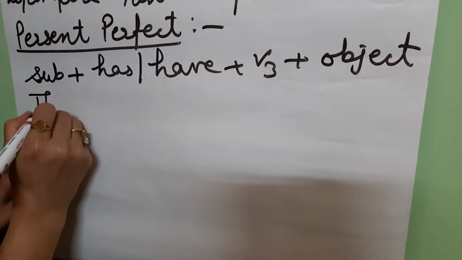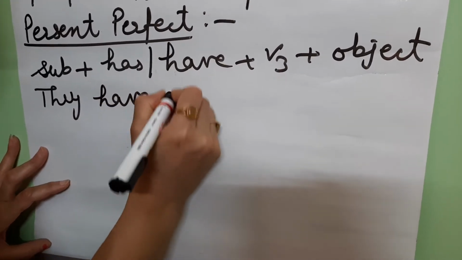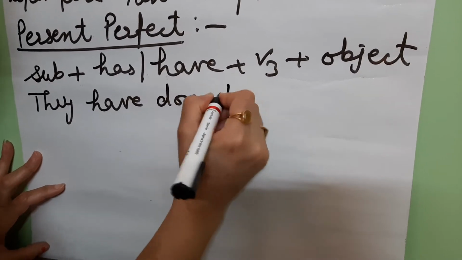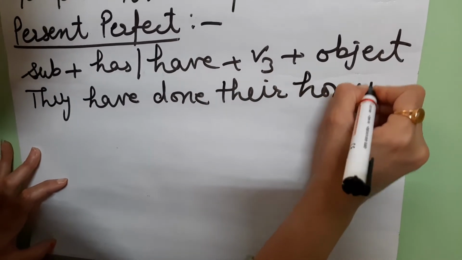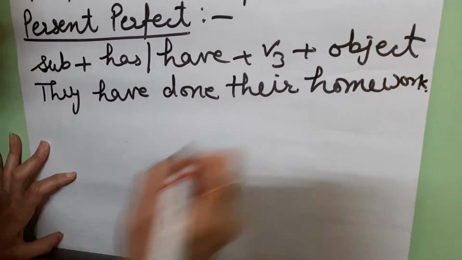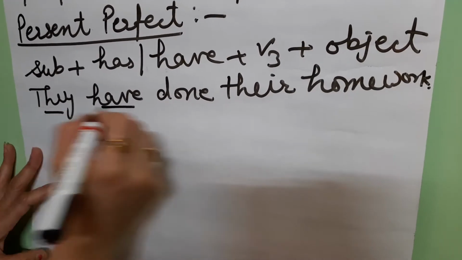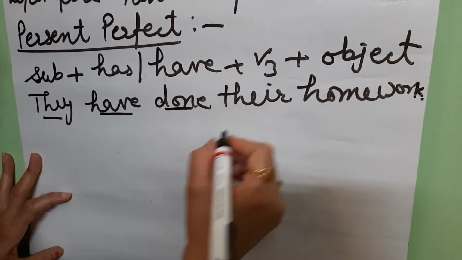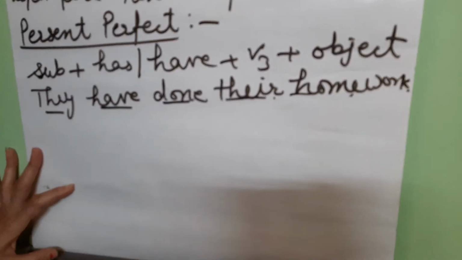Suppose: they have done their homework. They is the subject, have is the helping verb, done is the main verb, their is a pronoun, homework is the object.